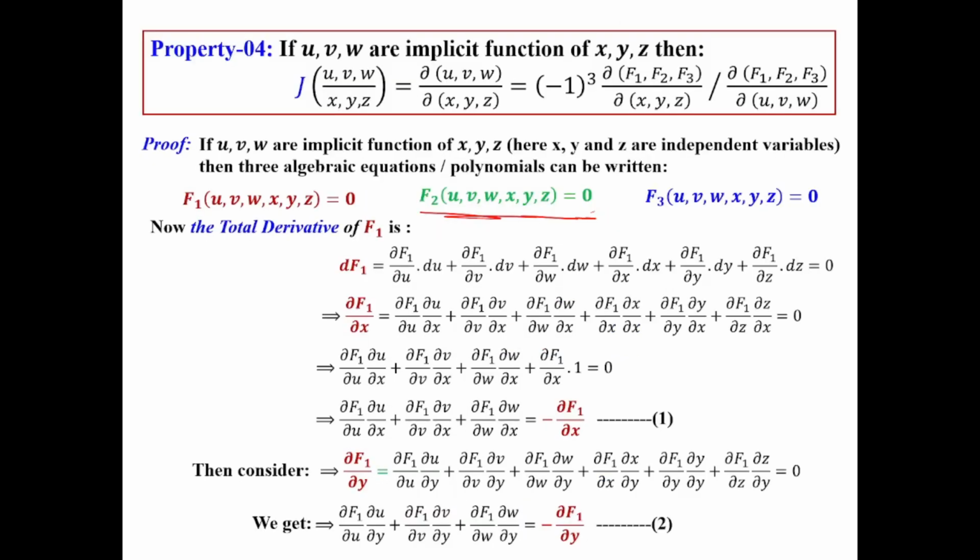Similarly, if I am going to consider f3, which is a function of u, v, w, x, y, z equal to 0, consider its total derivative df3. Then df3 will be ∂f3/∂u into du, ∂f3/∂v dv, ∂f3/∂w dw, like this. Then you just consider ∂f3/∂x. You find this type of equation. That means you can find ∂f3/∂u into ∂u/∂x, ∂f3/∂v into ∂v/∂x, ∂f3/∂w into ∂w/∂x equal to minus ∂f3/∂x. The same procedure you have to consider.